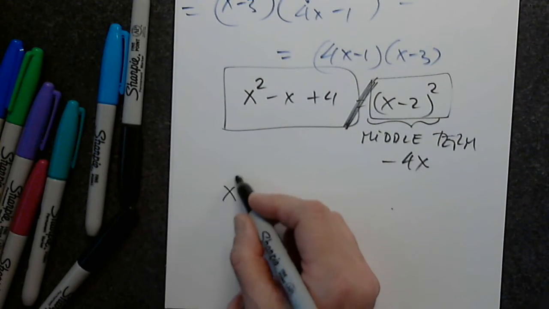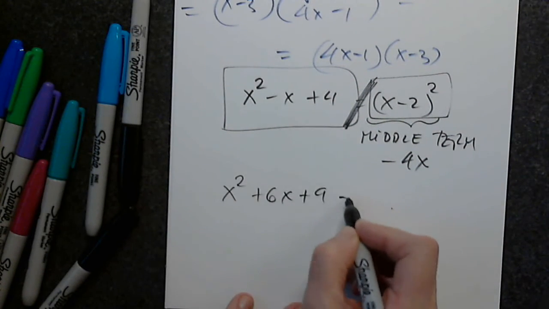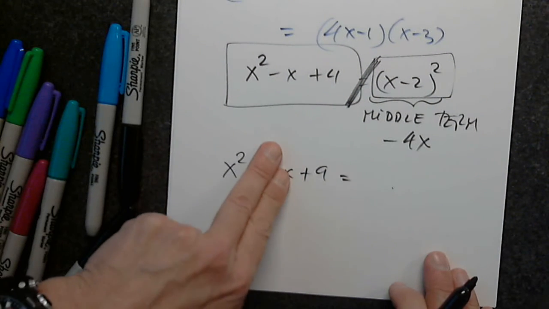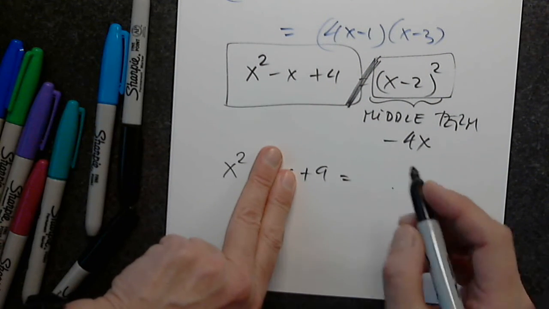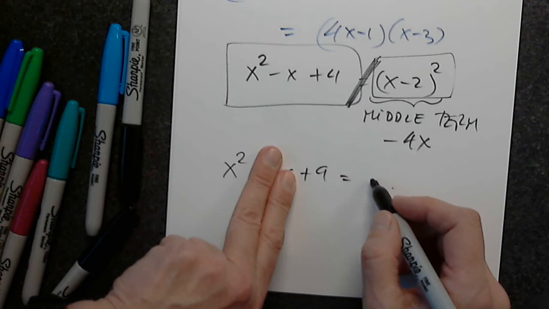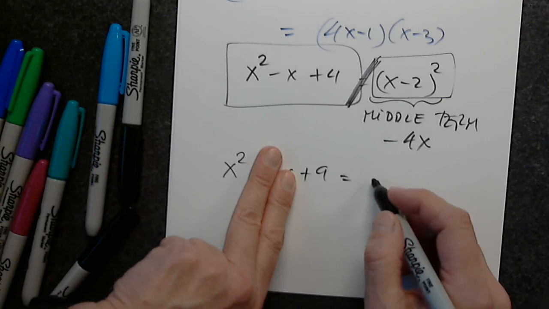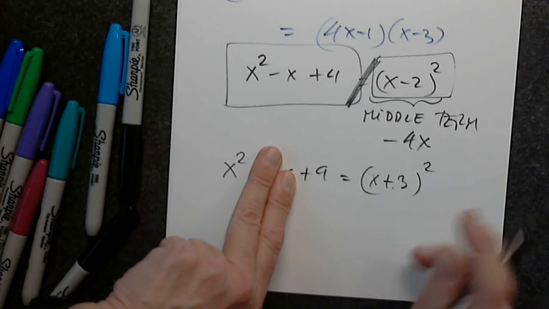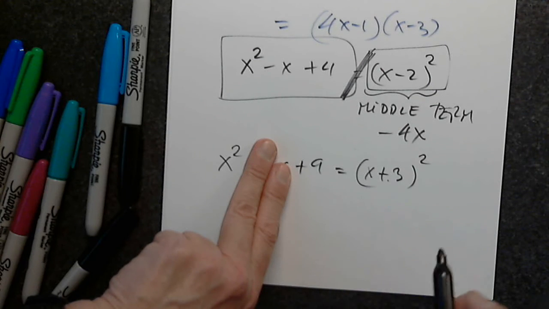So if you have, let's say, x squared plus 6x plus 9, what will be your conclusion? Excellent. What is the middle term?